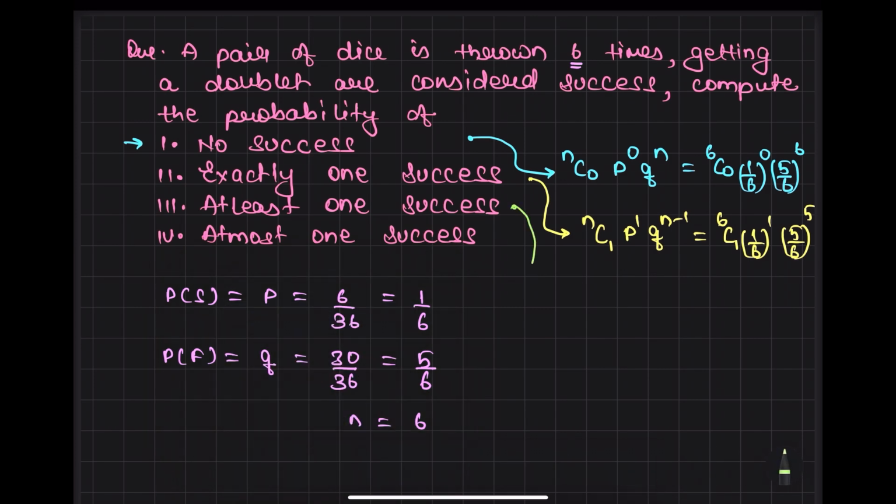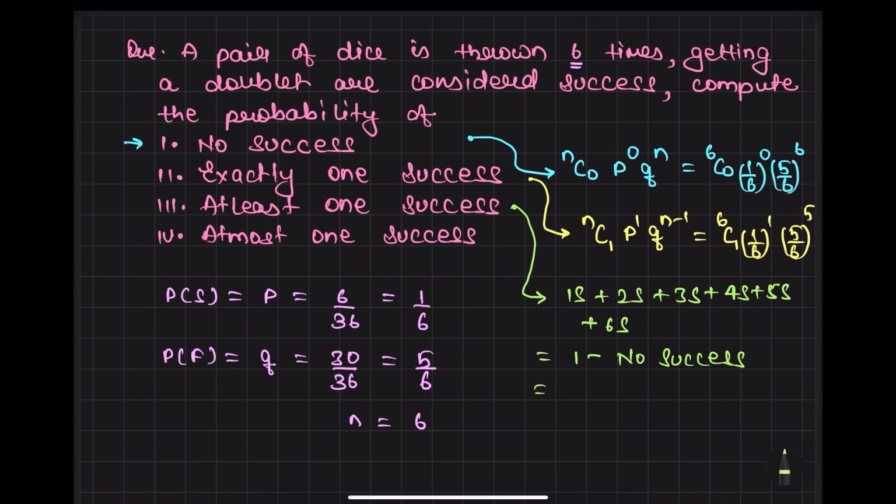They are saying that it is at least one success. At least one success means what? One success plus two success plus three success plus four success plus five success plus six success. Or I can say that one minus no success.